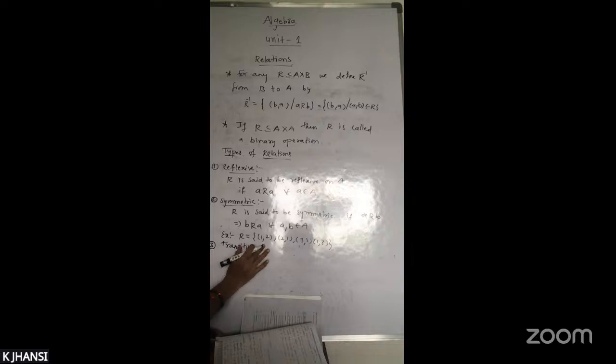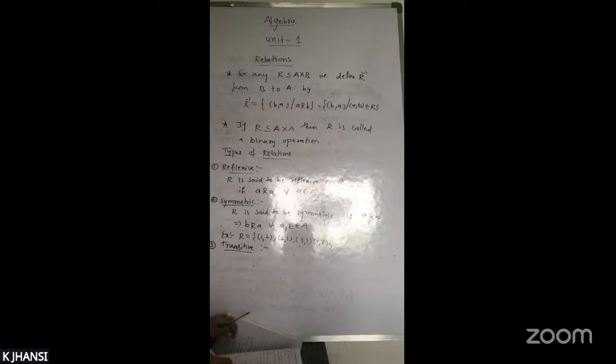Transitive relation. Transitive means A is related to B, B is related to C, then A is related to C. So that is called the transitive property.